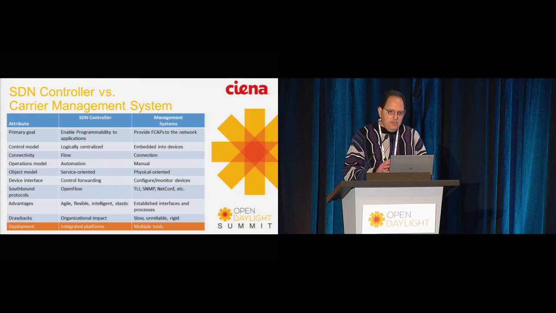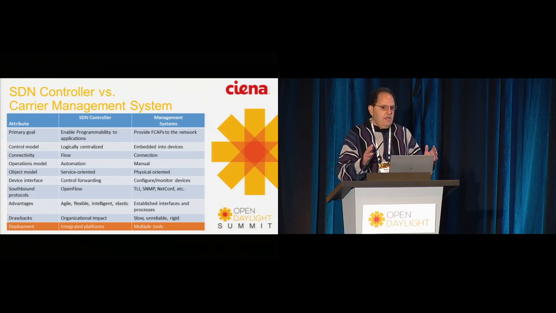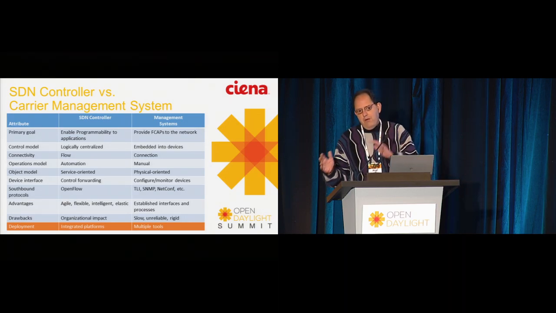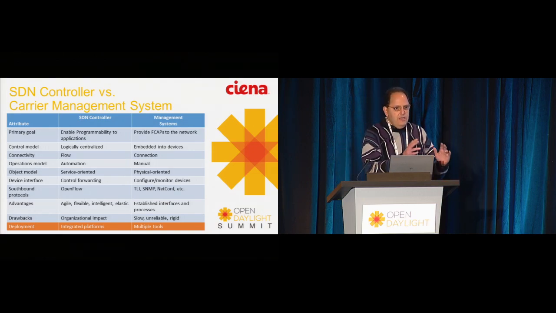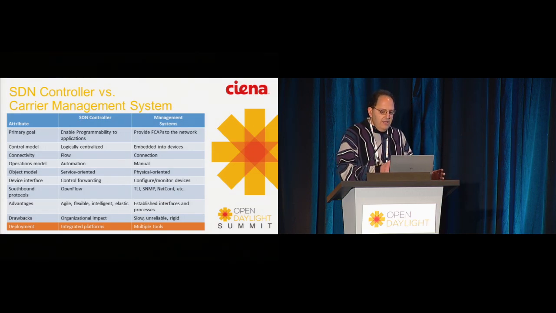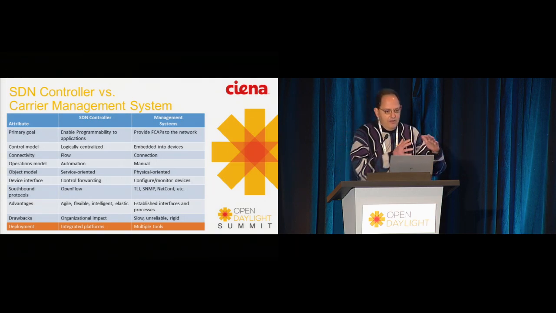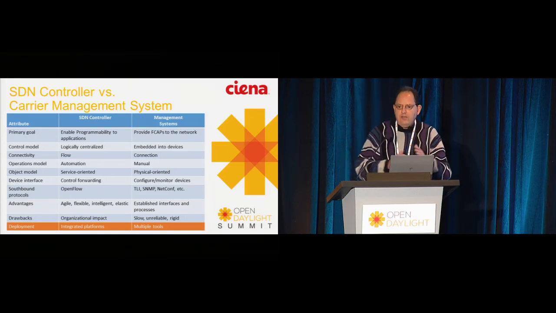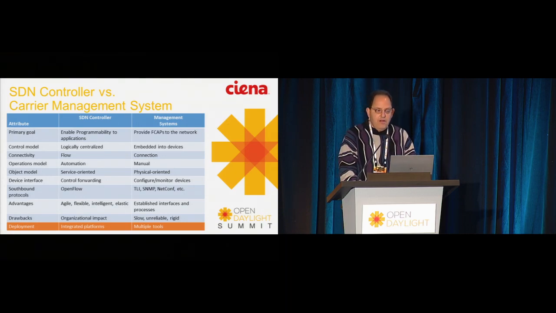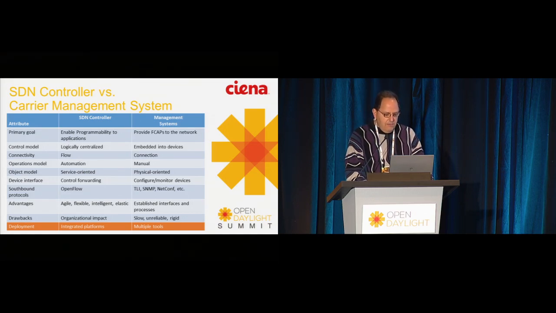They have different functions, things like performance management versus fault management versus configuration, inventory and auditing, and even different management systems for different vendors' equipment. It's a very involved hierarchy of management capabilities that are needed to manage an end-to-end service.